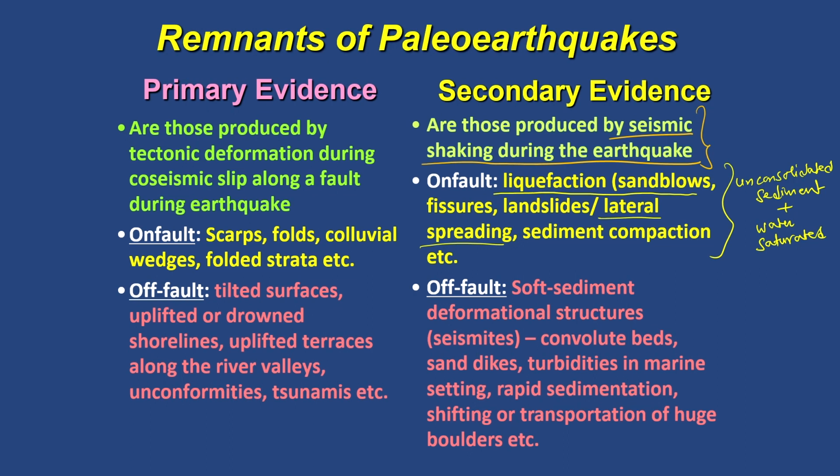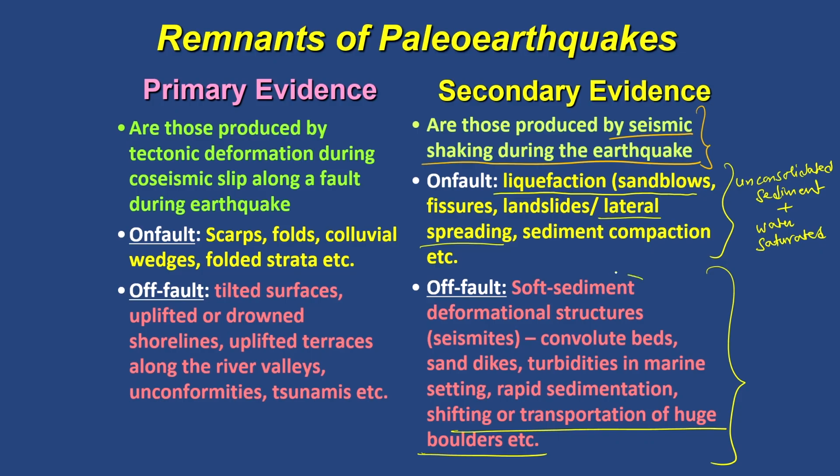And if you have sediments sitting in deep waters, then you will have turbidites. Sometimes you will see rapid deposition or sedimentation taking place, and transportation of huge boulders, mostly during a tsunami. Such evidence will be seen off fault, away from the fault.